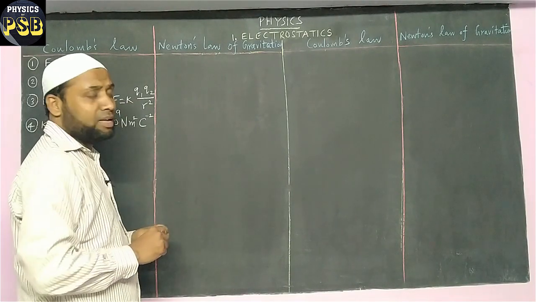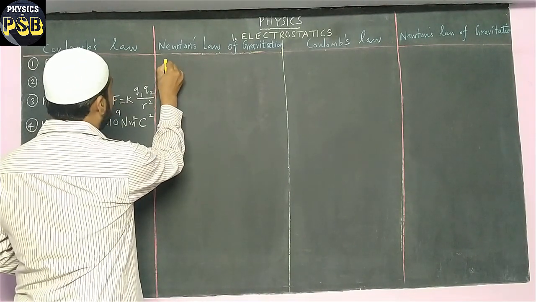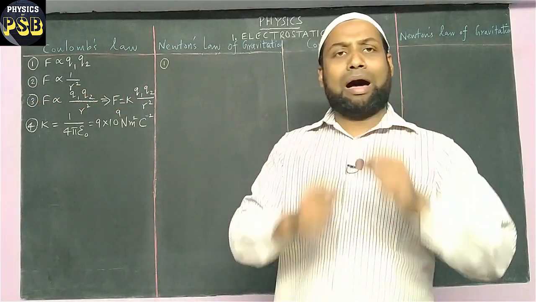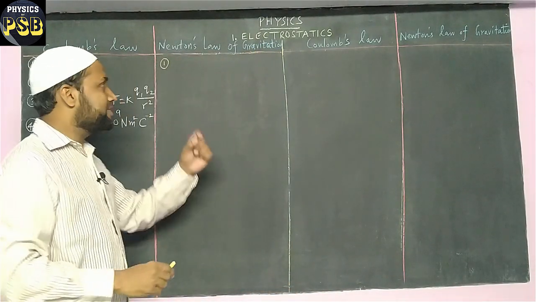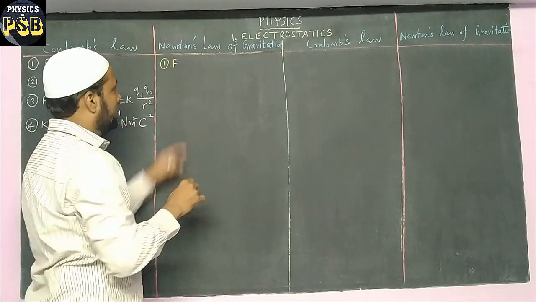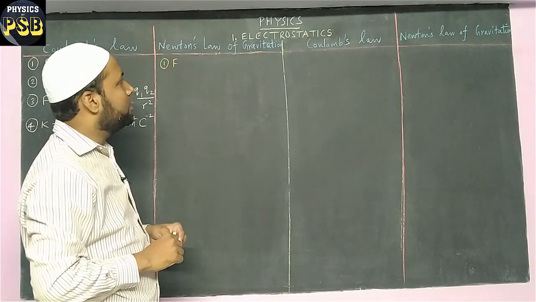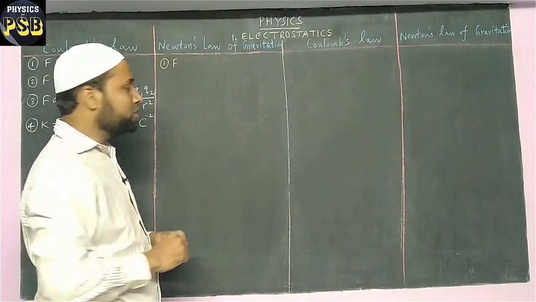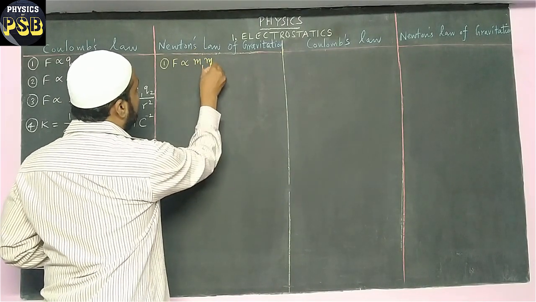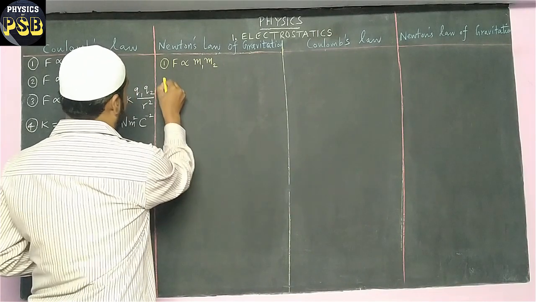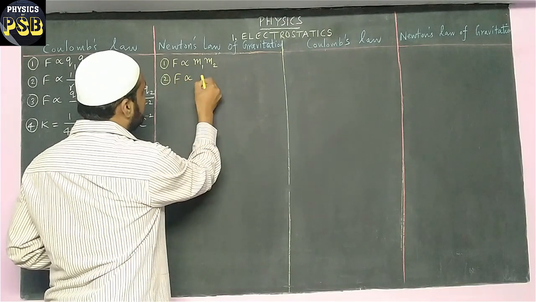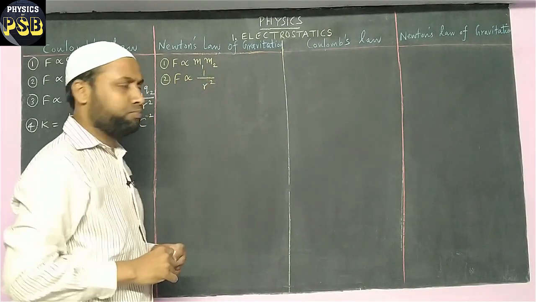Newton's law of gravitation talks about the force that acts between two masses separated by a distance r. Here F is the force of gravitation, gravitational force, which is found to be directly proportional to the product of masses, and inversely proportional to the square of distance between them.